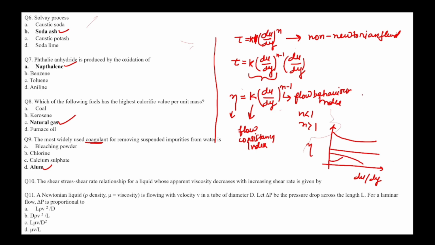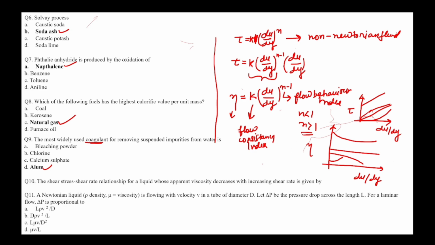Okay, if I plot tau versus du by dy, then Newtonian, Bingham plastic, pseudoplastic, and this is dilatant. For n greater than 1 it is dilatant, and for n less than 1 it is pseudoplastic. Okay, so this is the thing.